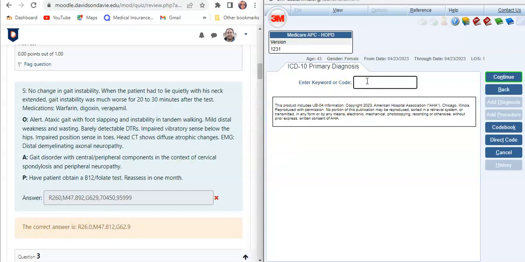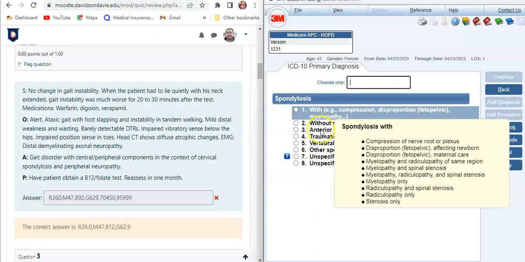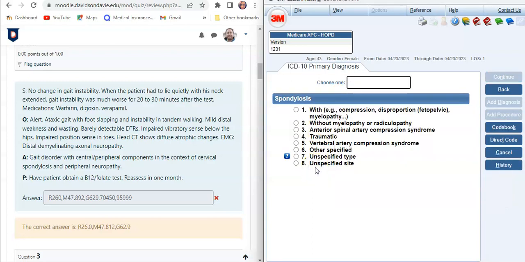Alright, the next one we have is spondylosis. Be very careful about spelling on here. Perfect, it's right there. So what are the specifics on there? It's the cervical region, and peripheral neuropathy.